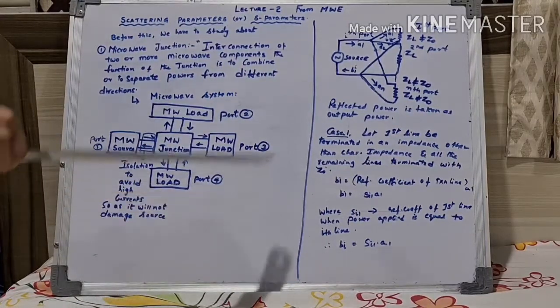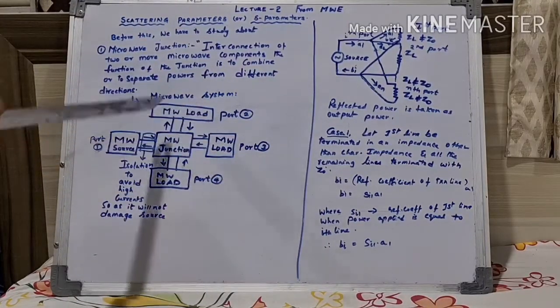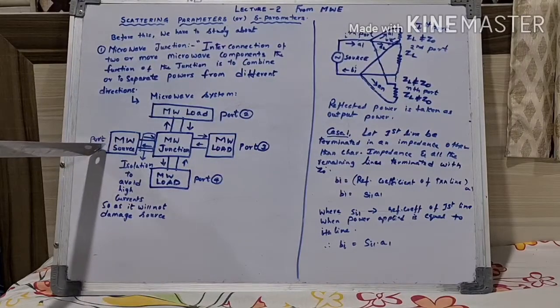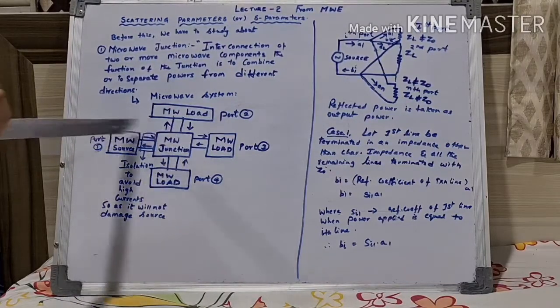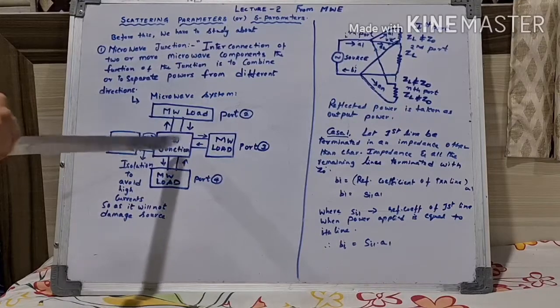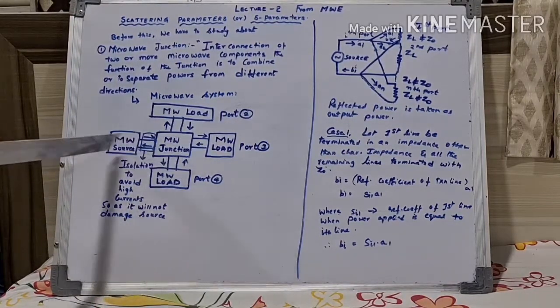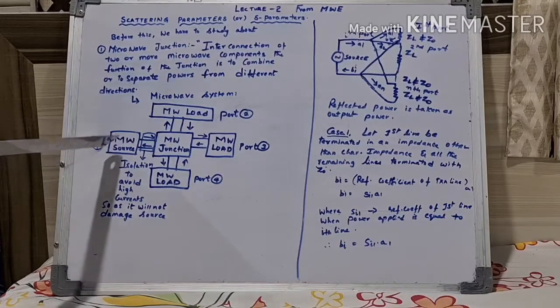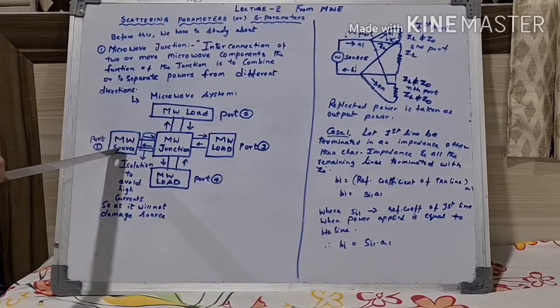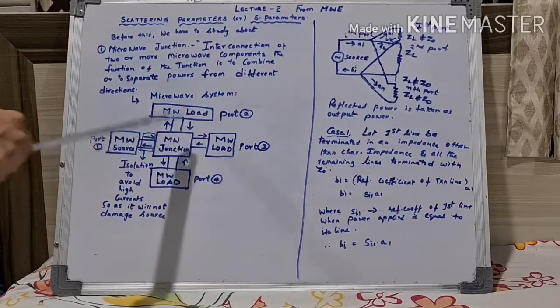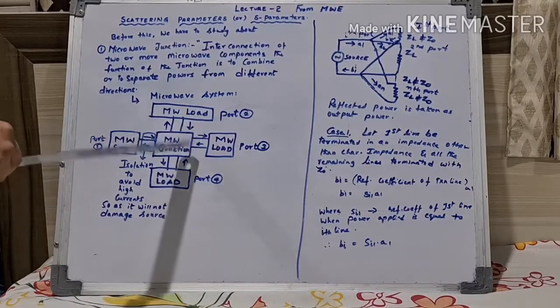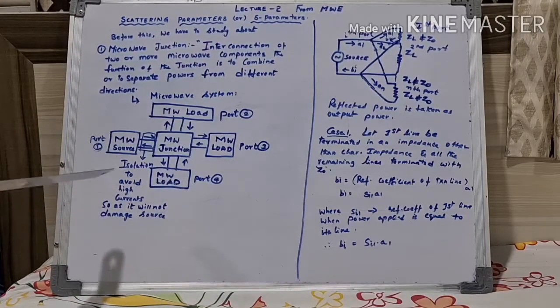So the remaining power may come out of port 1 itself, because there may be mismatch between source and junction. Mismatch means if the impedance of the microwave source is not matched with the impedance of the microwave junction, then it is known as mismatch.